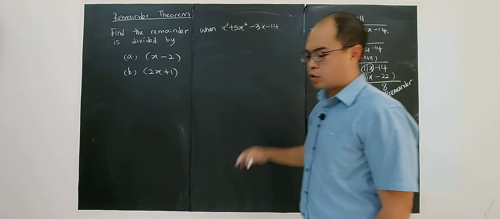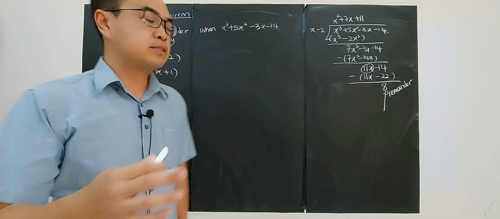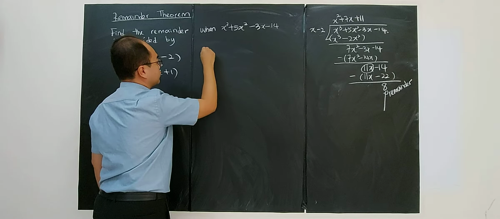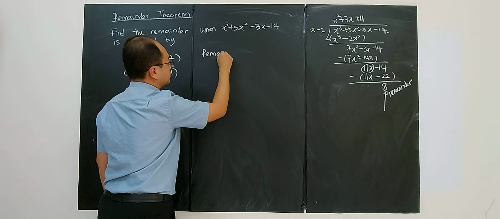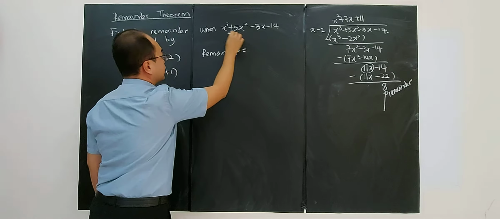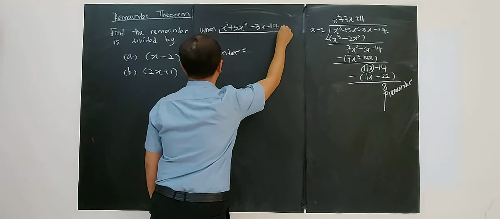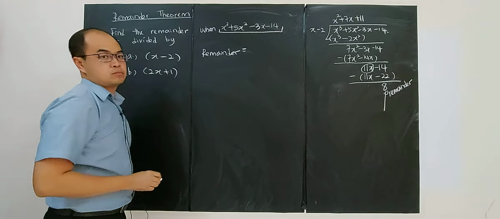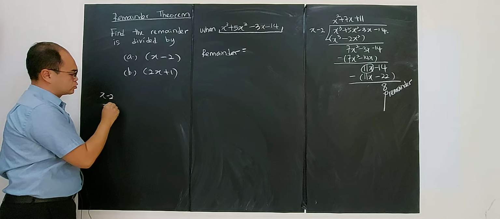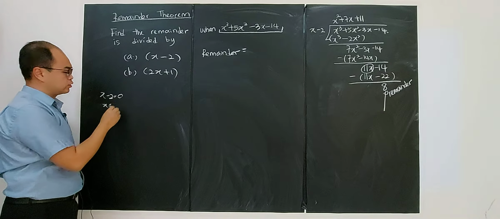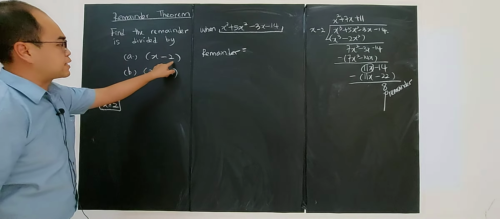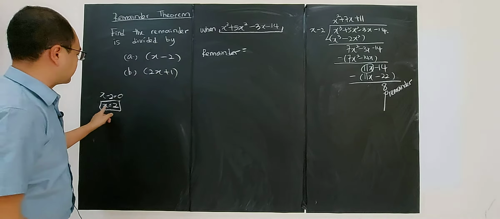So the remainder theorem says that if you want to find the remainder when you divide this polynomial by x minus 2, you just equate x minus 2 to 0, then you have x equals 2.